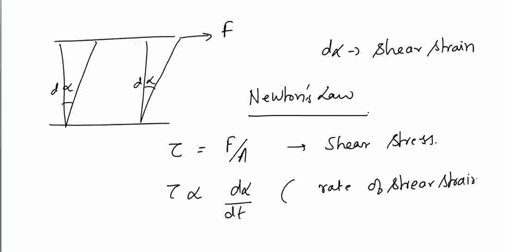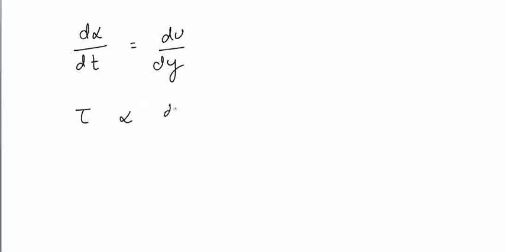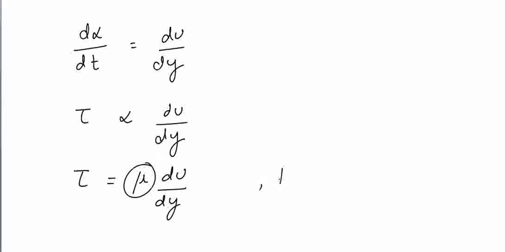It is important to know that it is variation with respect to rate of shear strain. Now rate of shear strain d alpha by dt geometrically comes out to be equal to du by dy. So tau, shear stress, is directly proportional to du by dy. And to remove the proportionality, I put a constant. This constant mu is known as dynamic viscosity.